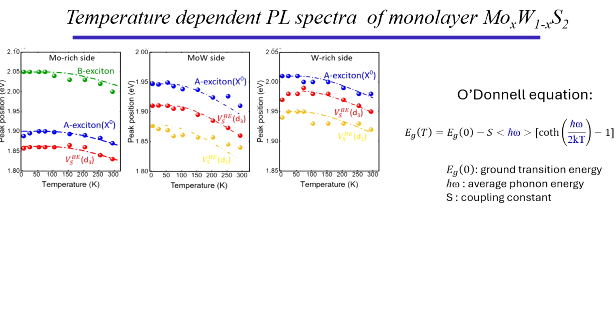If you use the O'Donnell equation, which is used in the thin film community to understand the phonon contribution for these peaks as a function of temperature, you have something like this. We used that to fit these peaks, and as you can see, the fits are reasonable, from which you can get the phonon contribution to the shift of the peaks as a function of temperature.